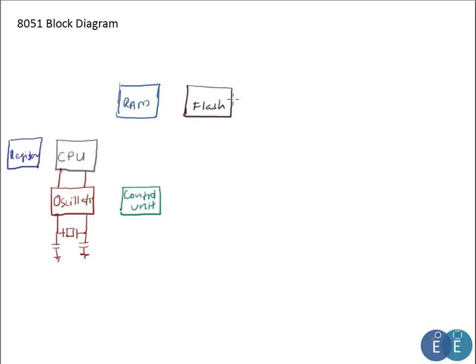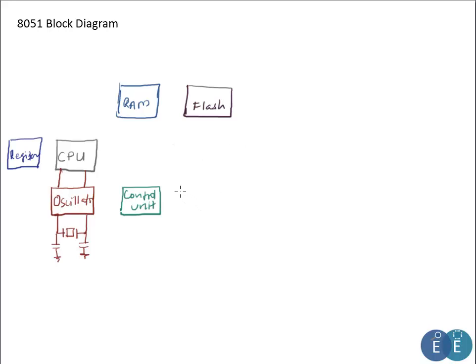Now this is about the internal units that we have on a controller that are used to process the data, but a controller typically is used to control the external environment. So we need input output pins in order to communicate with the external world.